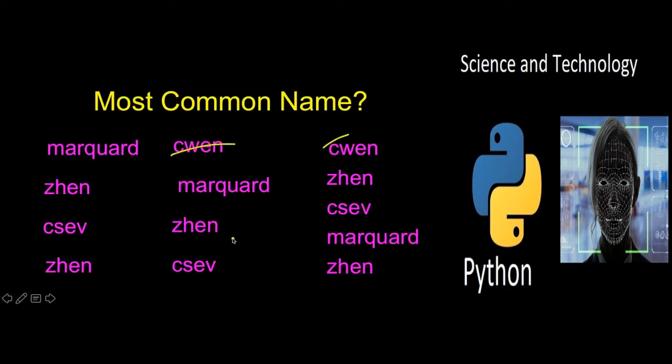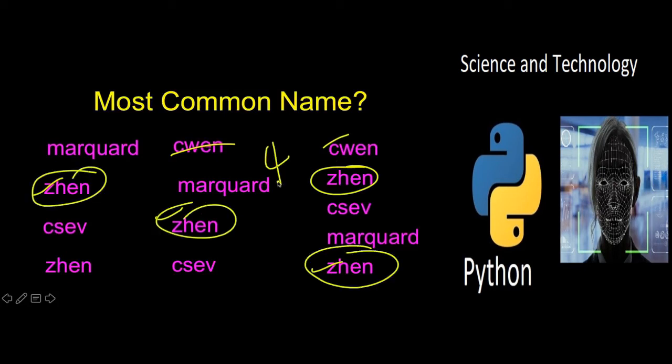No. Maybe Zhen is common. 1, 2, 3, 4. Anybody else? Marquard's got 3, C7. And you'll notice how our minds, without computers, just bounce, branch and bound. We have hypotheses, and then we decide, yep, it's Zhen. That's it, and there's 4 of them.